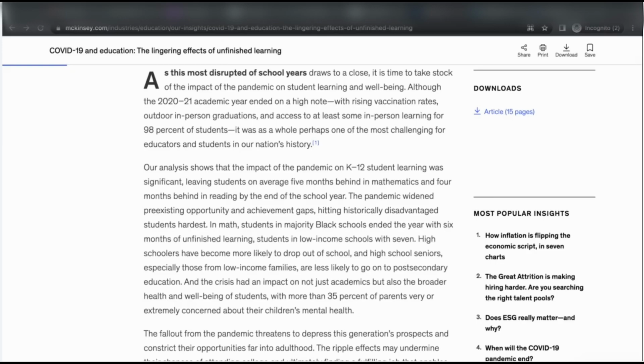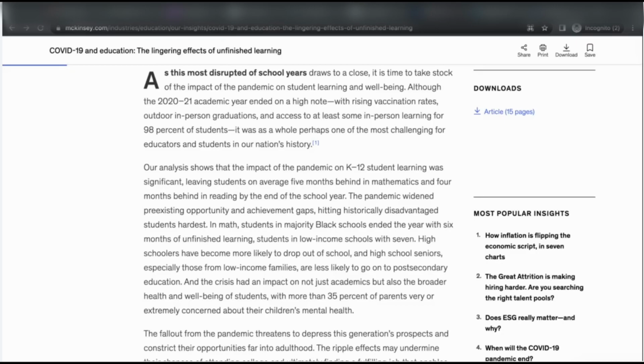You can provide a couple statistics about how much time they've lost. You can do it on specific types of schools, like low-income schools and stuff like that. Remember, though, the background of the problem kind of gives an introduction to the problem.